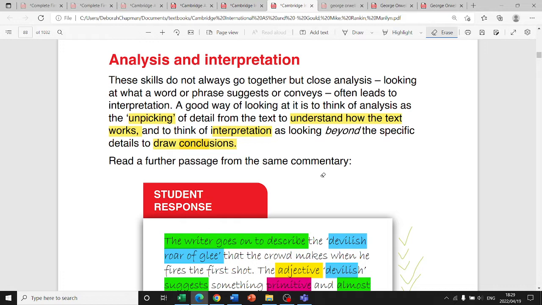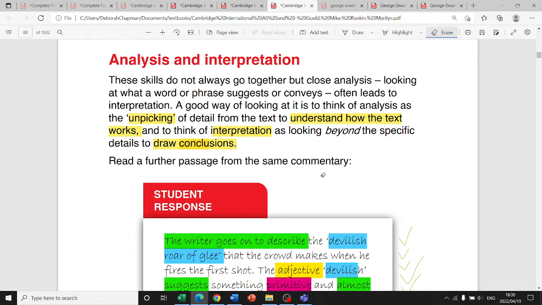We do close analysis of a piece of text. You are at the moment busy burrowing your way through the Shooting an Elephant text, looking for those tiny little gems.